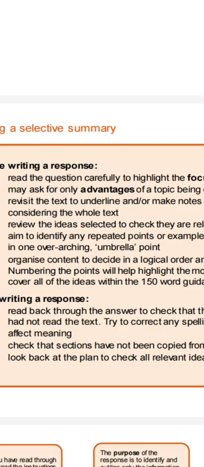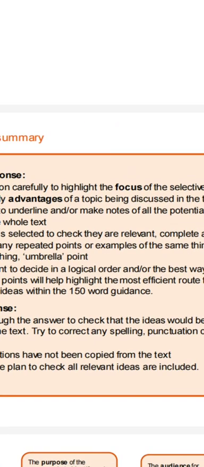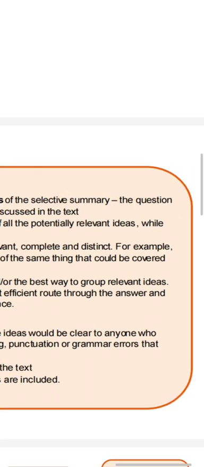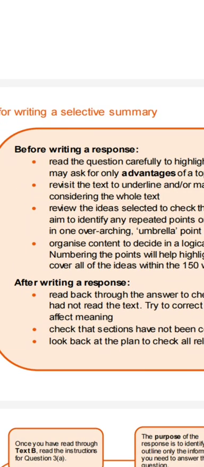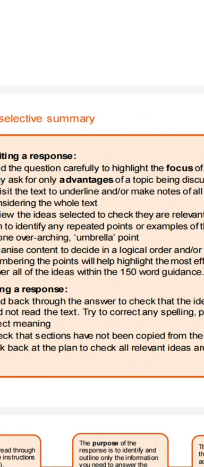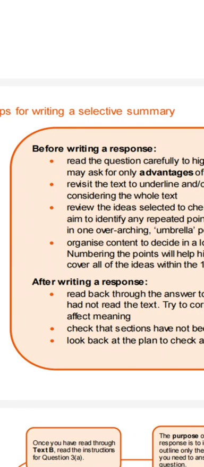Just mark it, cut that point, and do not repeat any example or any point of the same thing. That could be covered in one overarching umbrella point. That means if there are 4 or 5 sentences and you can convey all of them in just one proper sentence, it is better to write that umbrella sentence instead of writing all 5 points and repeating the ideas. Just make one point out of that.